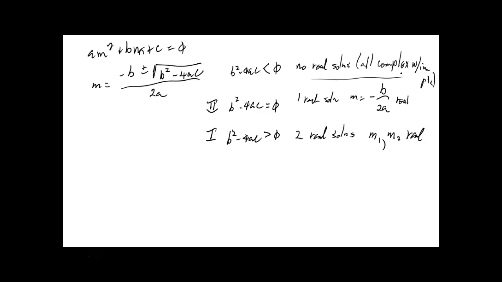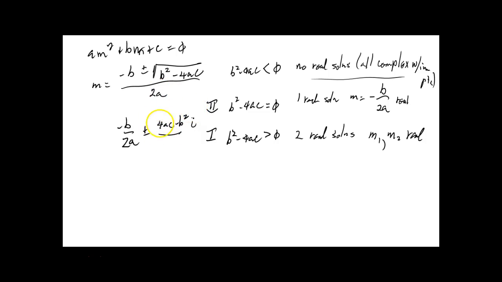they're always complex conjugates of each other. Remember, this would turn out then minus b over 2a, that's a real part, plus or minus this thing in parentheses in the radical is negative, so that would be basically the square root of 4ac minus b squared times i, over 2a. Now this i is not your vector i, this is your imaginary component.